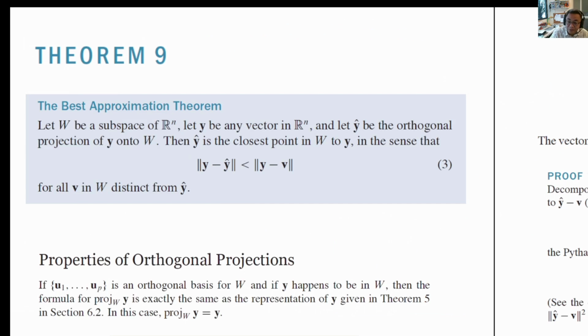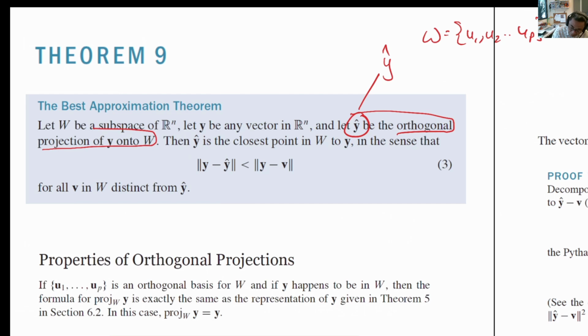Now, why are we interested in orthogonal projection? Orthogonal projection not only allows us to easily calculate y hat given W. Additionally, y hat is the closest point in W to y.